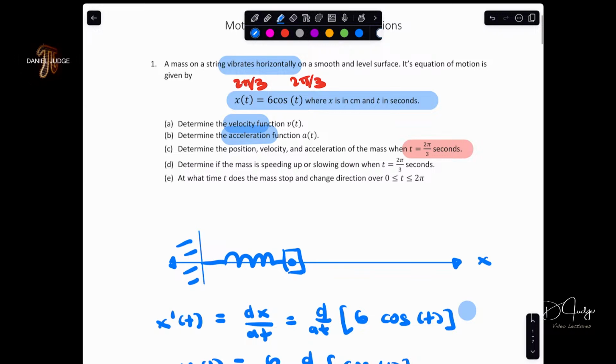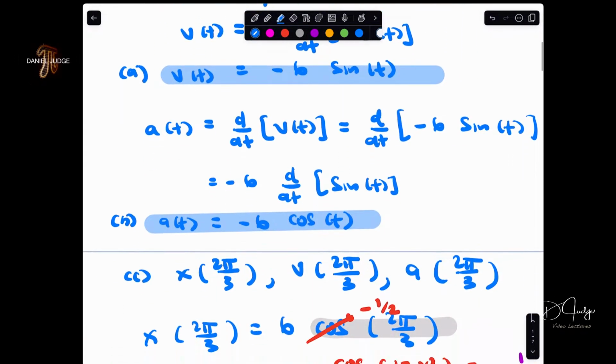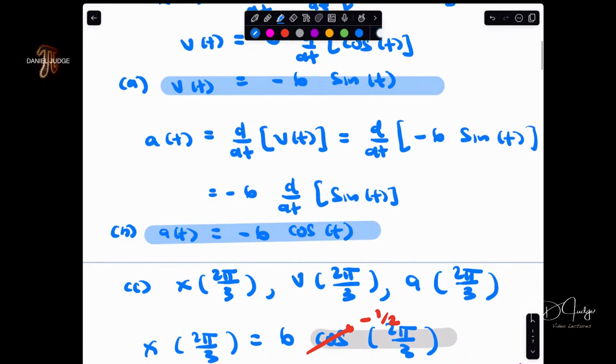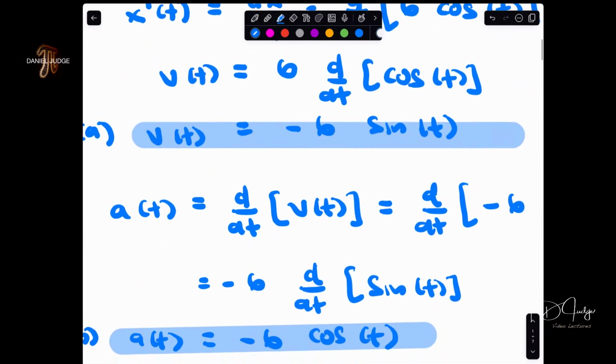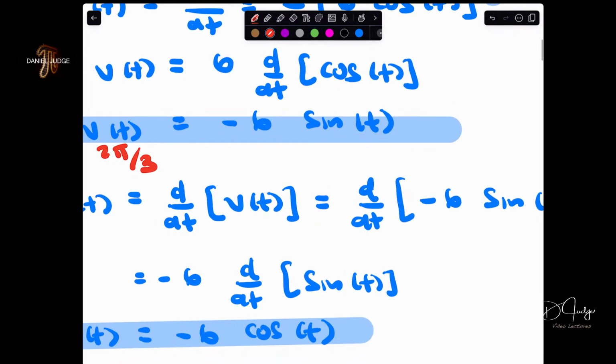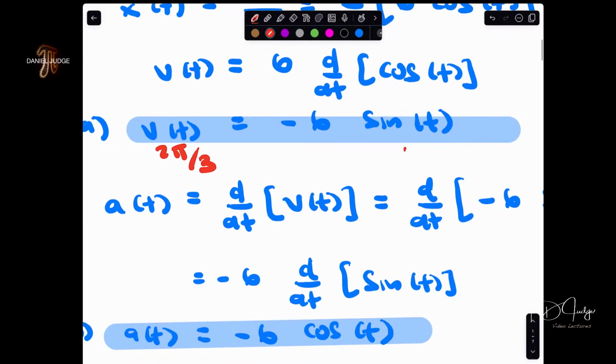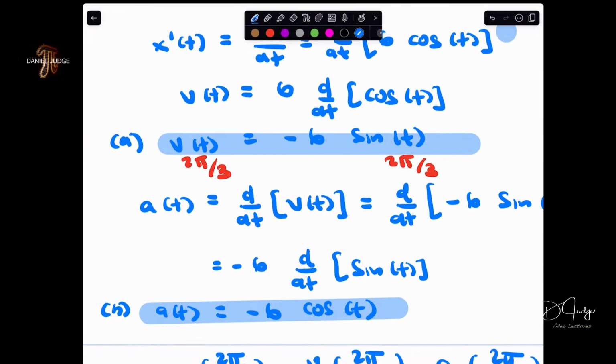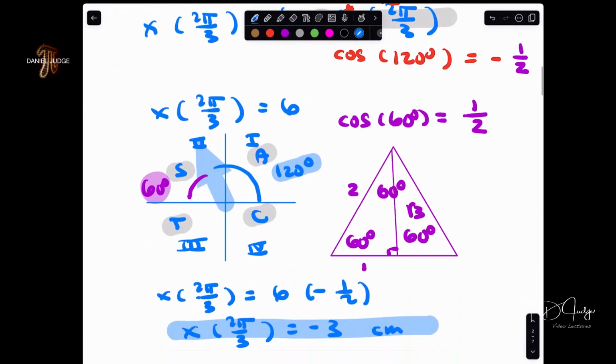So you guys can see that. They want to know the position, the velocity, and acceleration at that time. So, all right, that's the position. If you want the velocity at that time, you use the velocity function, and you're going to plug in the 2 pi over 3. So, what's your velocity at that time? So here's going to be our velocity.